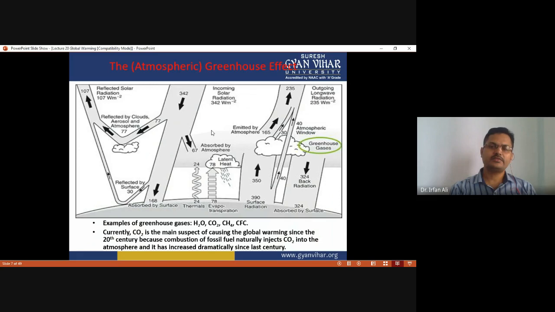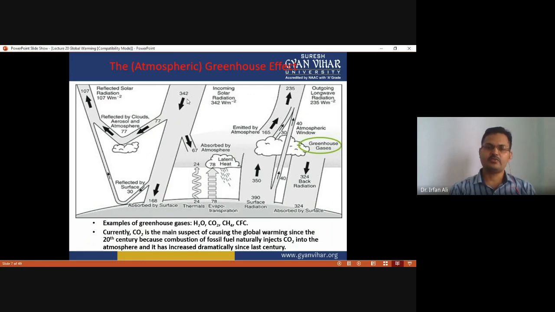So, in this figure, we can clearly understand how radiation influences the rising temperature of the globe. You can see that there is incoming solar radiation, and its value is 342.